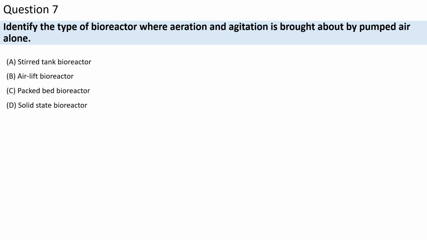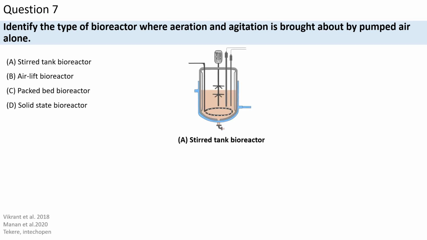Identify the type of bioreactor where aeration and agitation are brought about by pumped air alone. In a stirred tank bioreactor, aeration is brought by the sparger and agitation by the impeller. Whereas in an airlift bioreactor, both mixing, that is agitation, as well as aeration, are brought about solely by pumped air.